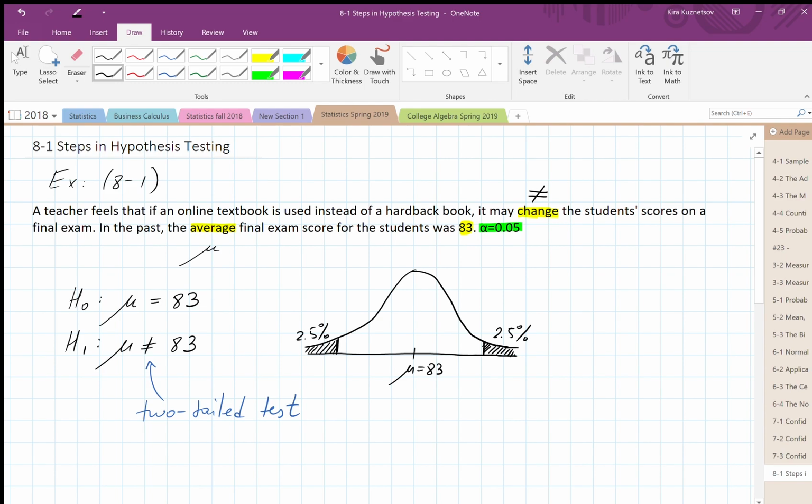That would leave in the middle the 95%. Notice that the picture for a two-tailed alpha of 0.05 looks exactly like a 95% confidence interval.